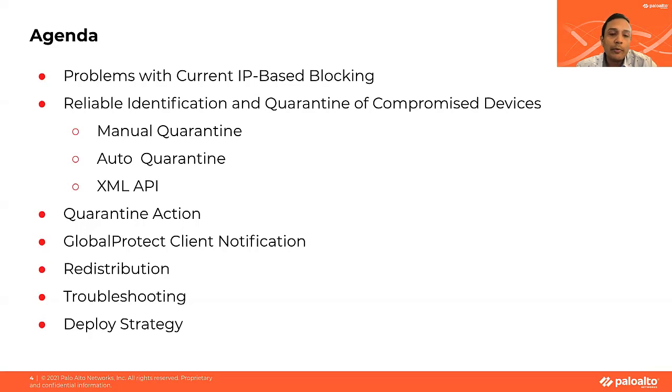Then I'll go over how we can notify the Global Protect endpoint about this quarantine activity. And then I'll follow it with how you can redistribute this quarantine list in the Prisma Access infrastructure and gateways. Then I'll conclude my part of the presentation with some troubleshooting methodology and deployment strategy. So let's get started. Next slide, please, Varun.